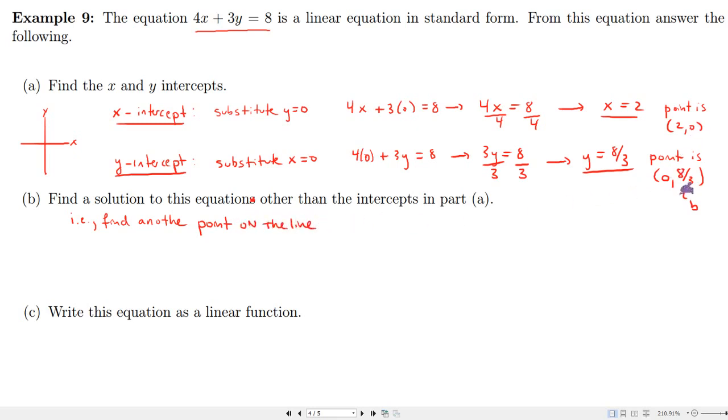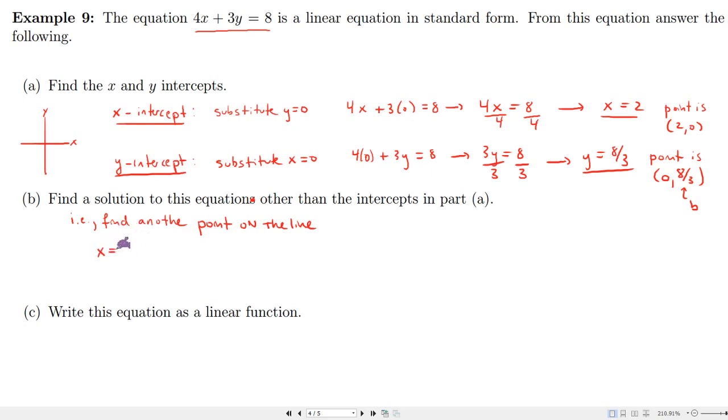So these 2 points are actually on that line. So you can pretty much pick any x value you want. Maybe we'll pick x equals 1, because if this is a linear function, there's no restriction on the domain. So let's try x equals 1.